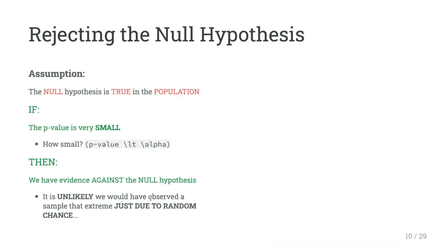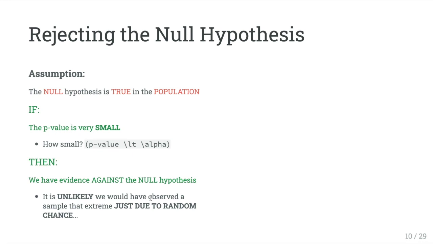So when we talk about rejecting the null hypothesis, the assumption that we have is the null hypothesis is true in the population. If the p-value is very small, and how small? Well, that's based on the alpha that we pick. So if the p-value is very small, then we have evidence against the null hypothesis. So the assumption is already that the null hypothesis is true.